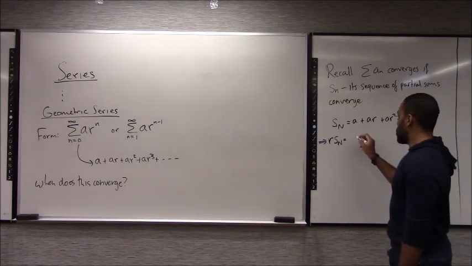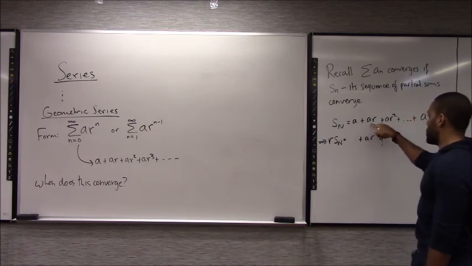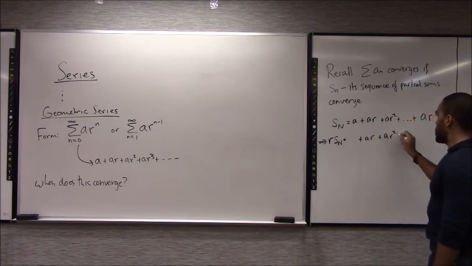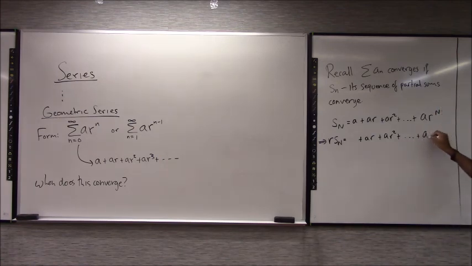If I multiply everyone by r, a times r is just ar, r times the next term is ar squared, etc. I'm going to go all the way up to ar to the n plus 1. Just by multiplying by r, I get everyone in this list, except there is no a and there's an extra term here.